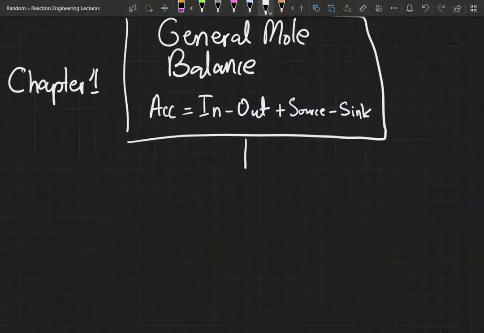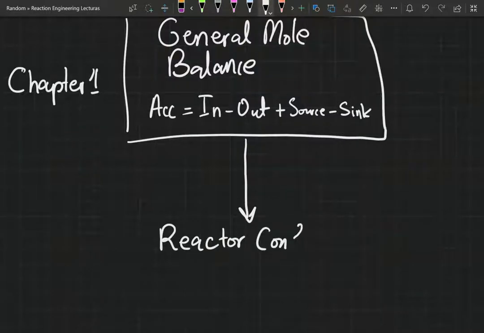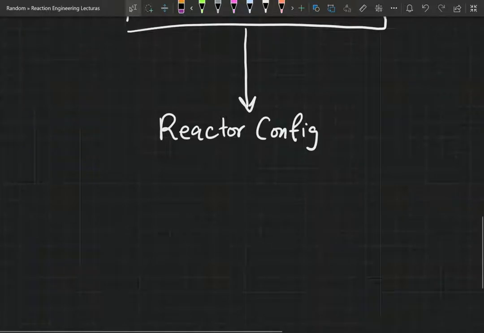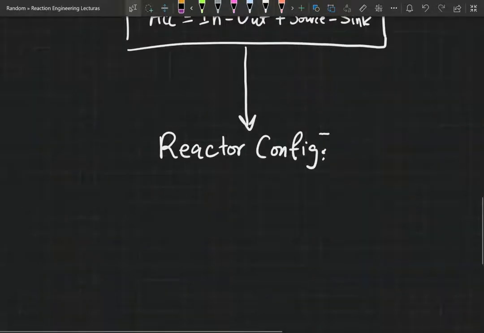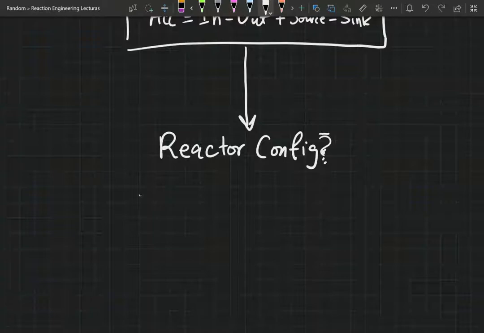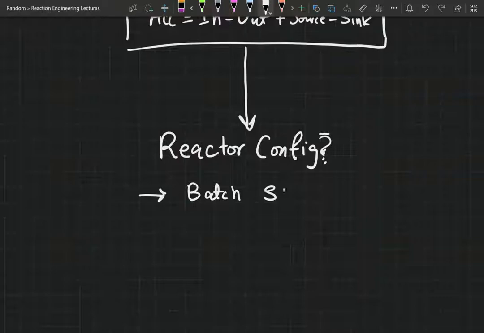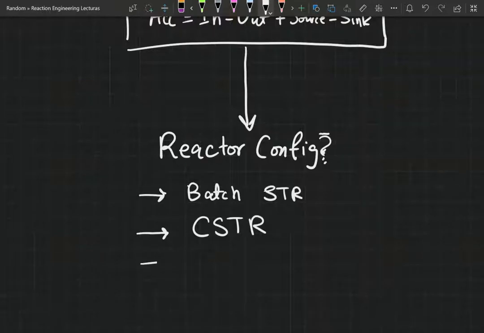Then you shall move forward to the reactor configuration. What is the configuration of the reactor that you're dealing with? In this course, the options are a batch stirred tank reactor, a CSTR, a continuously stirred tank reactor, a PFR, a plug flow reactor, and a packed bed reactor.